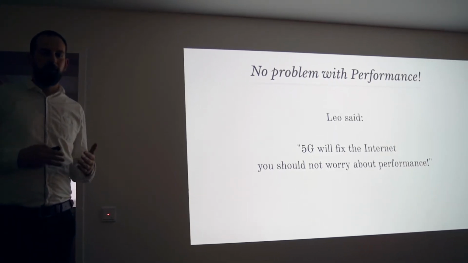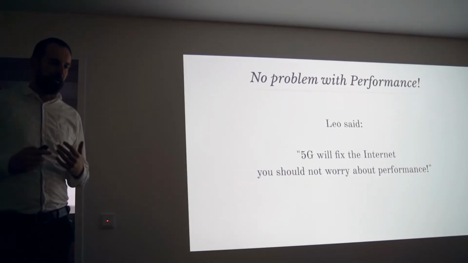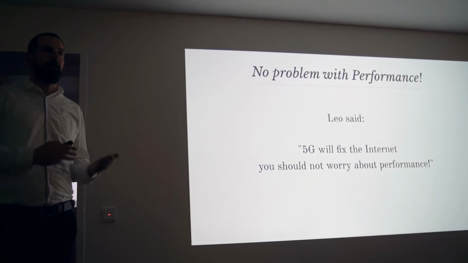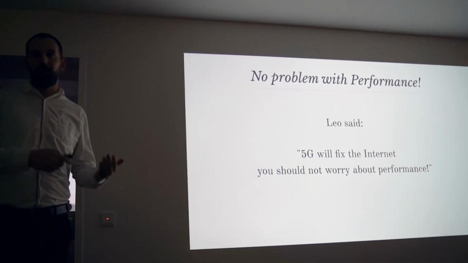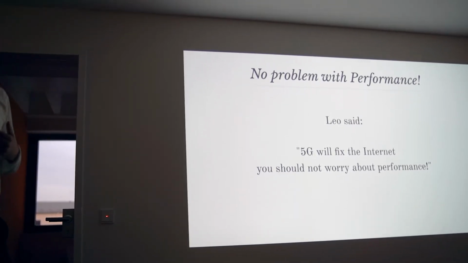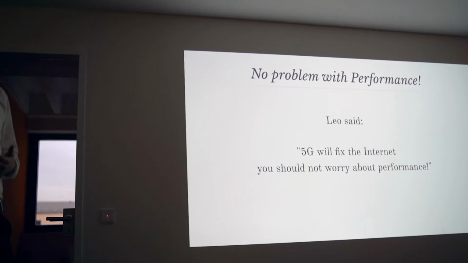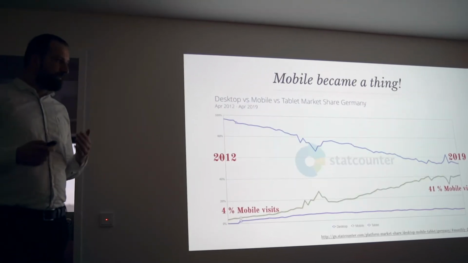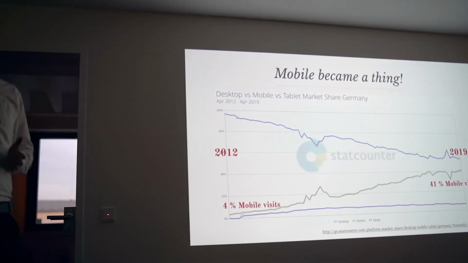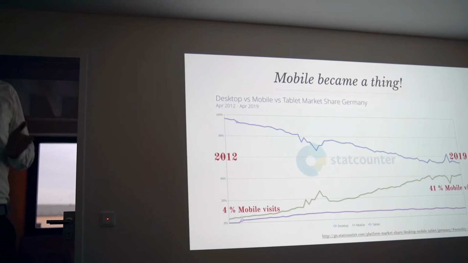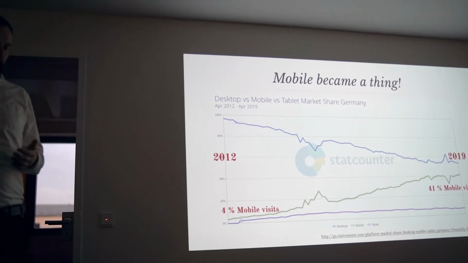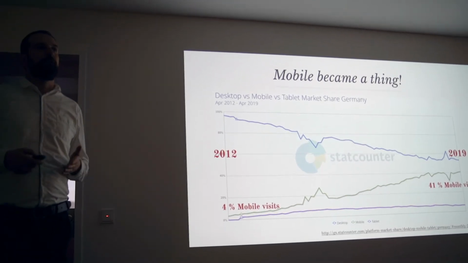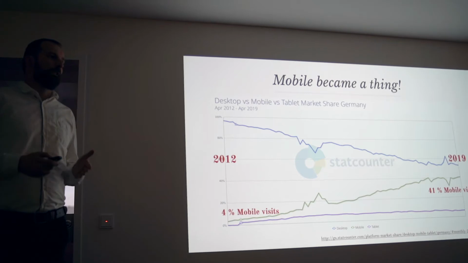I knew that both of us come from different places, and I already knew some statistics about how the internet has developed during the last decade. So I took the soft approach and just showed him some statistics. And yes, he had some rights. When we look at the mobile visits in Germany in 2012, we can see that we just had 4% of mobile visits.